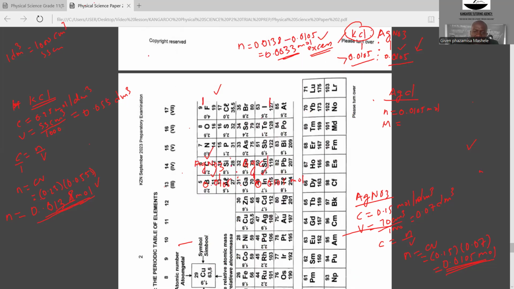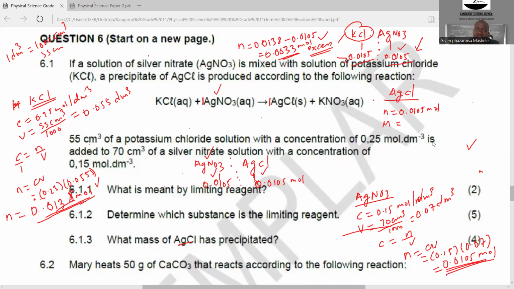So we're adding 108 and 35.5. So 108 plus 35.5 will give us the molar mass of silver chloride, 143.5 grams per mole.